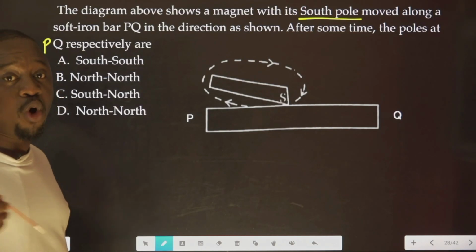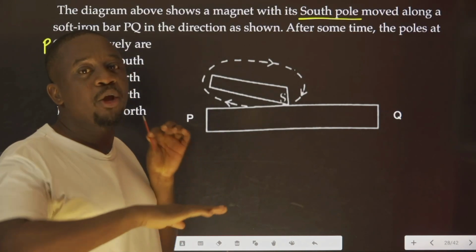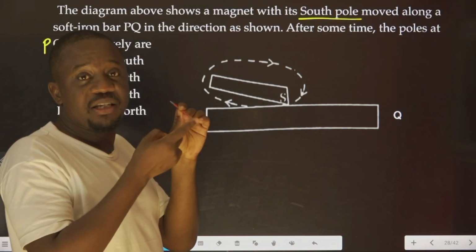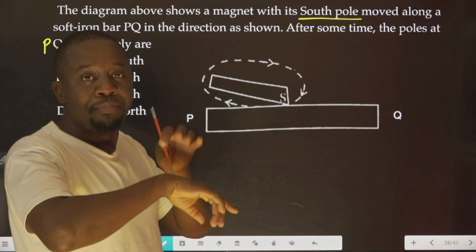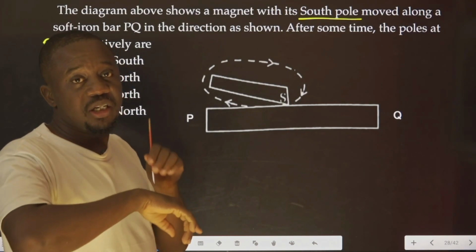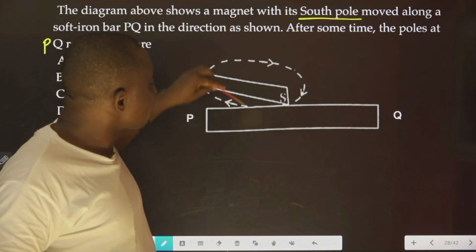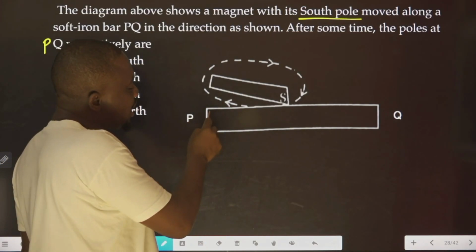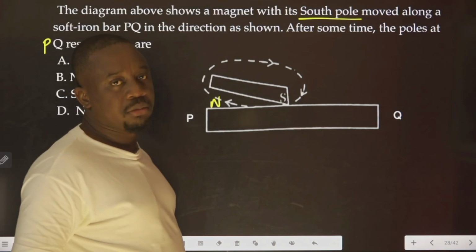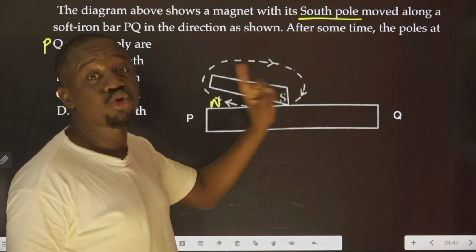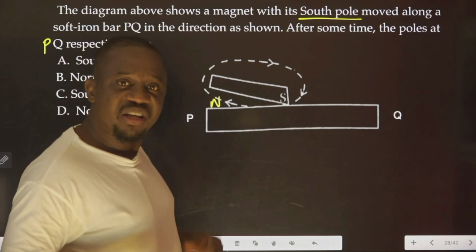One thing you should know is that once a magnet comes in contact with a soft iron bar, if this is south, the bar will be induced with north. If this is north, this will be induced with south. Because south is here, it induces here with north. And once it induces here with north, the other side automatically will be south.